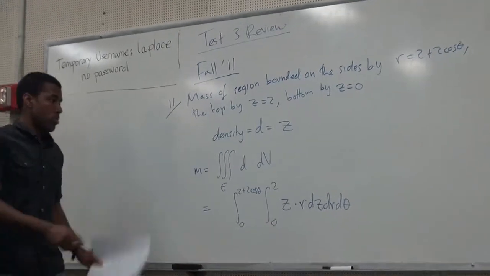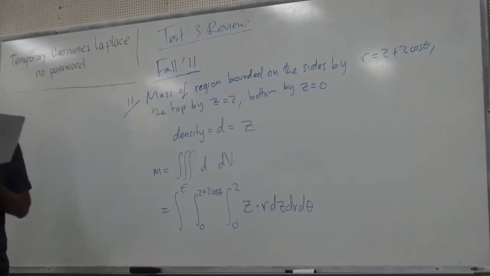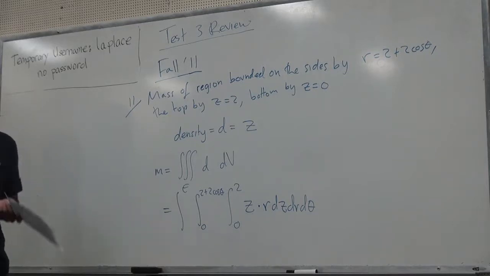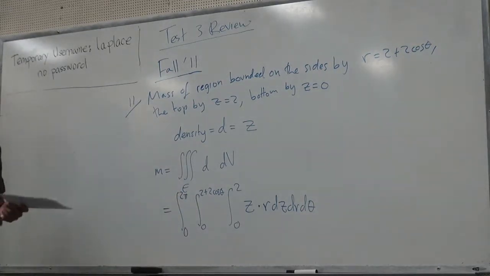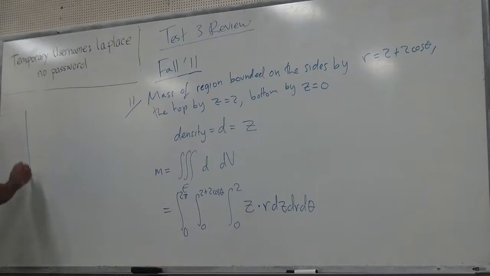What's the theta value? It goes from 0 to pi. It is 0 to 2 pi. But how do you know it stops at 2 pi? Because you'd have to revolve around a full circle in the xy plane. You have an object that's circling the origin.